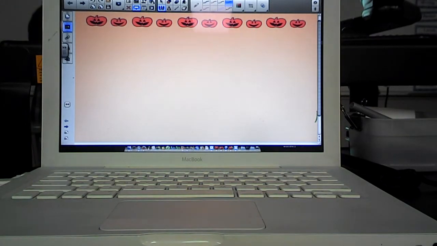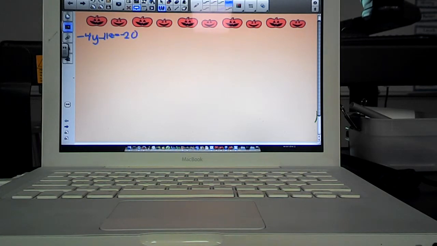So our two new equations are -4y minus 11z equals -20. That's equation number 1. And equation number 2 is 4y plus 12z equals 20.